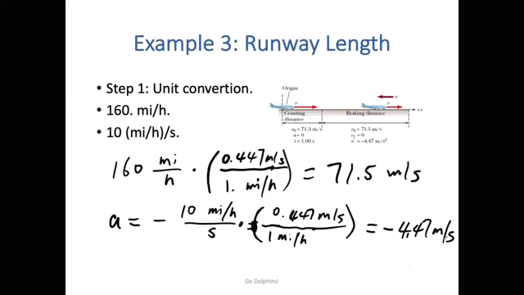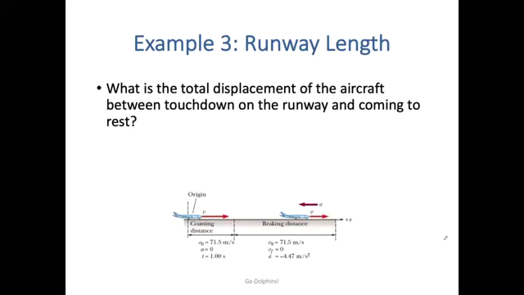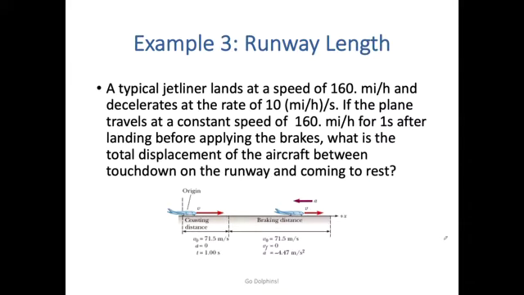Okay, now we're going to solve. First question, what's the total displacement of the aircraft between touchdown and coming to rest on the runway? The airplane travels at a constant speed for 1 second. So we need to find this segment and then brake.